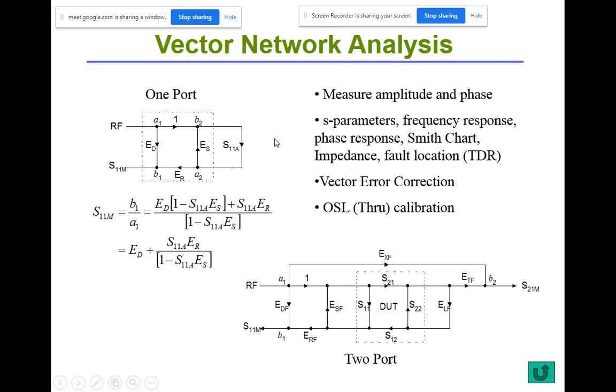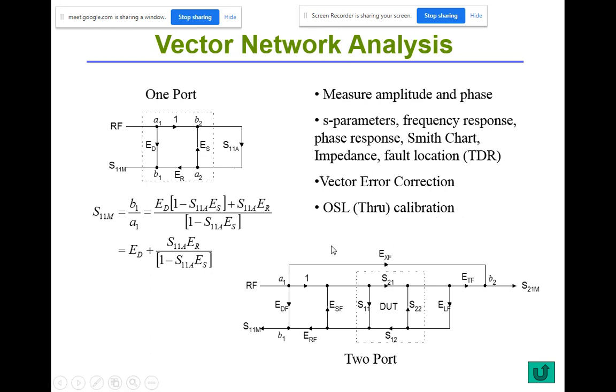So suppose you connect the antenna that you want to test, you want to find S11A, you already know ED, ER, and ES. From this equation, you can work out what is S11A. Correct or not? Okay, any question?